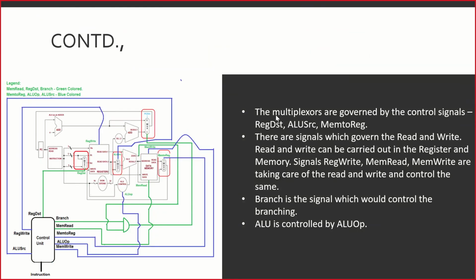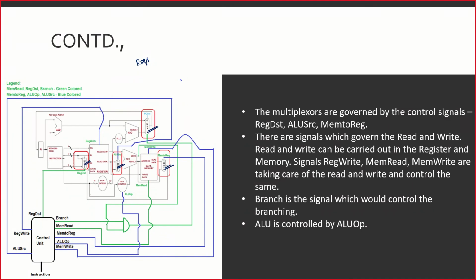Now understand, the multiplexers are all governed by control signals. You can see that there are four multiplexers here: one here, second here, third here, fourth here. There can be a question: mention the names of the control signals which are governing the multiplexers.